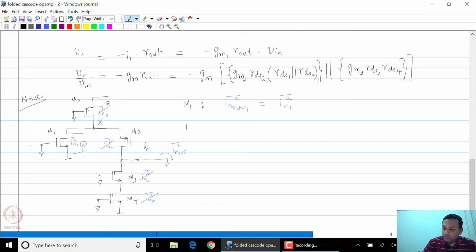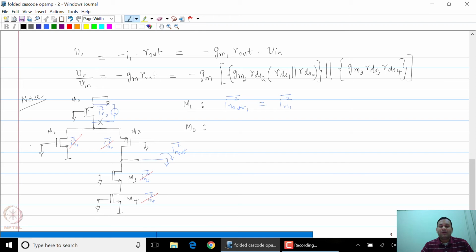What about M0? If you look at the noise of M0, that is again a current source which is across the drain source of M0.